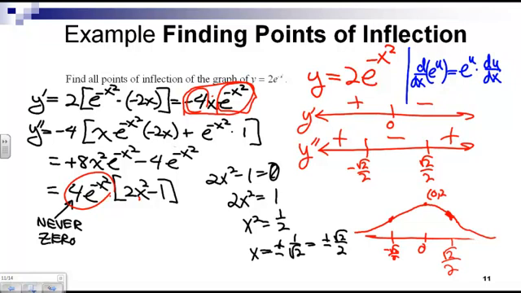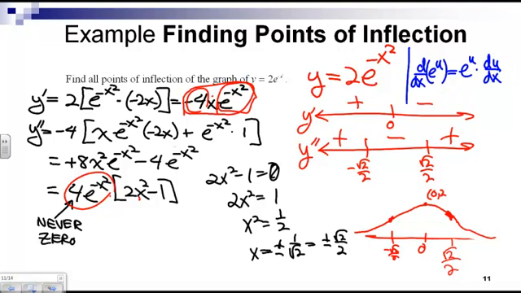Okay, yes. So do we have to find the zeros of y prime in order to find all the points of inflection? We have to find the zeros of y double prime in order to find candidates for points of inflection, because the points of inflection are places where the sign changes.